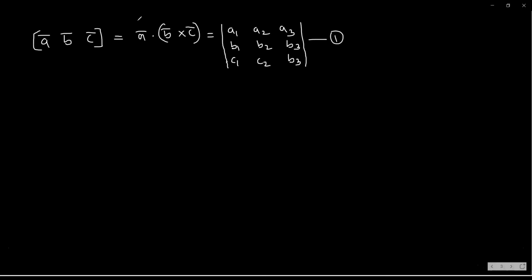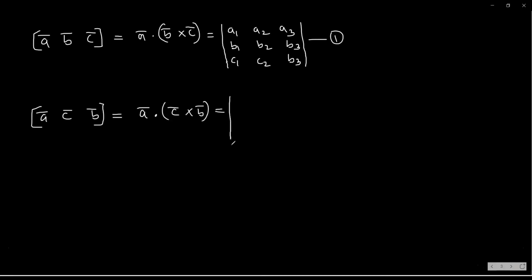So if I write here a bar, c bar, b bar, then it will be a bar dot c bar cross b bar. Perfect.